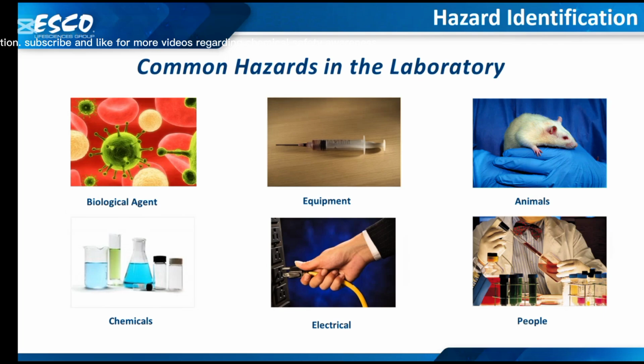Now let's have a look at some of the common hazards we come across in the lab. I know when many people think of hazards in the lab, what comes to mind first is biological agents. These would be the pathogenic organisms we deal with, such as Ebola and other viruses.